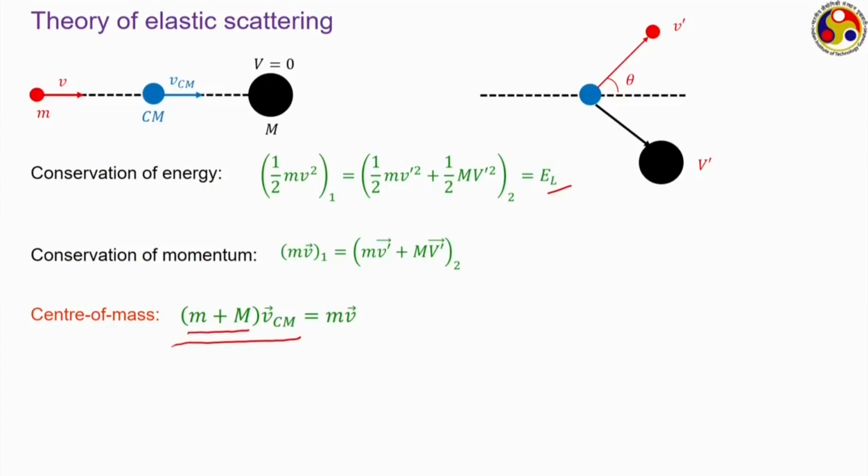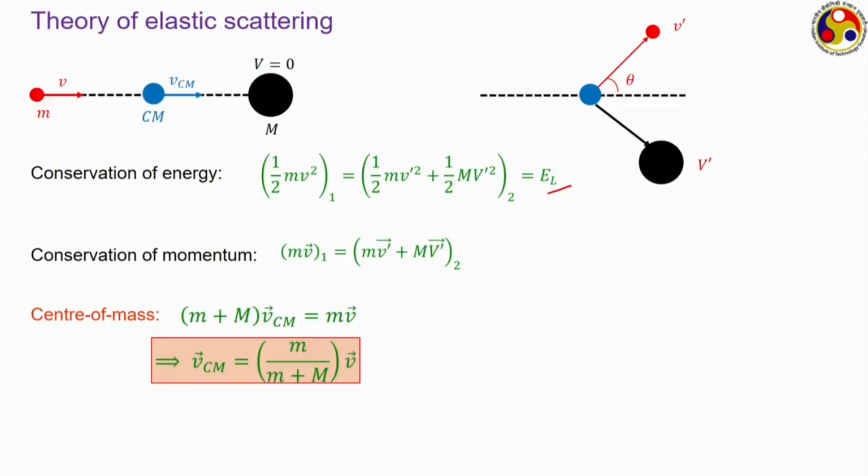Now, before collision the total momentum is small m into v, that is the momentum carried by the neutron, and as that remains constant, this will be the total momentum of the center of mass. Here this blue ball shows the center of mass, which is moving with a velocity Vcm. So, Vcm can be represented in terms of the velocity of the neutron.